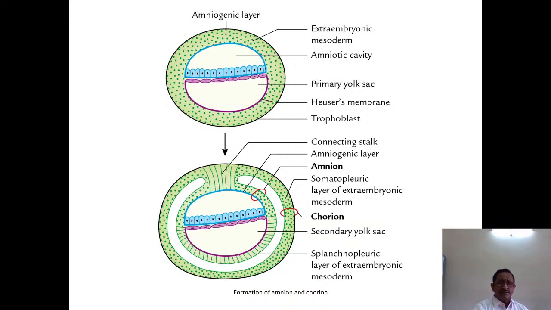Here, this is the connecting stalk, which is connected to the amniotic cavity and trophoblast, and this will in course of time develop into the umbilical cord.